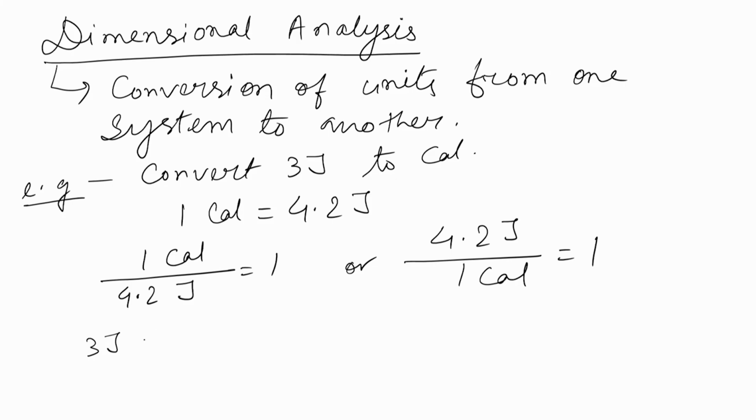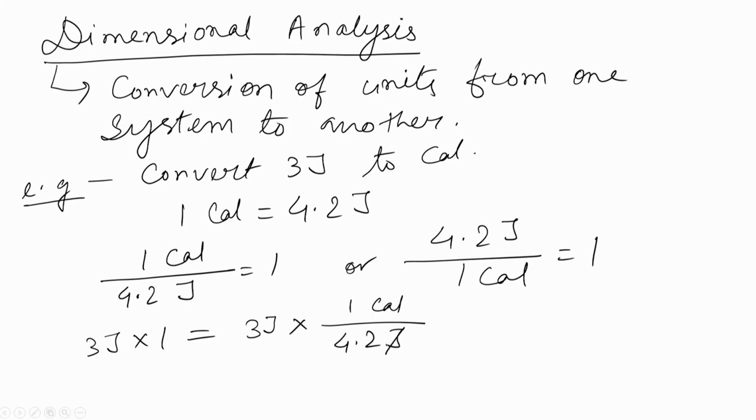So 3 joules means what? It is multiplied by 1, right? So this can be written as, since these values are equal to 1, we can replace 1 by either of these two. So let's say 3 joules into 1 calorie by 4.2 joules. So the value doesn't change because 1 is equal to this.